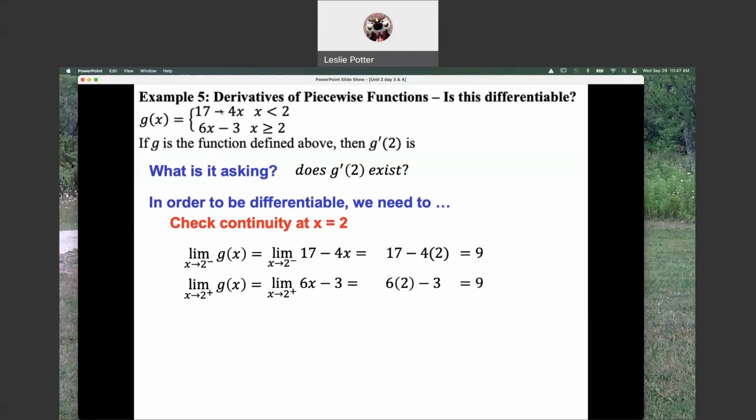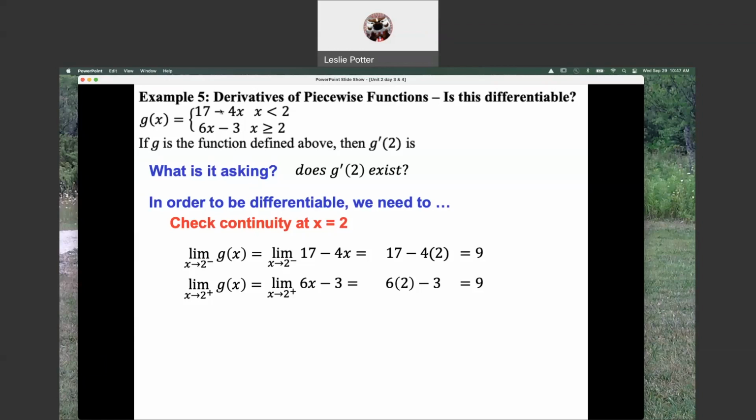I could have asked you that question in the last unit because that's just checking continuity. Make sure that we have the limits coming to the same value, and because of the equal sign in the bottom function, you know the function value is also 9.